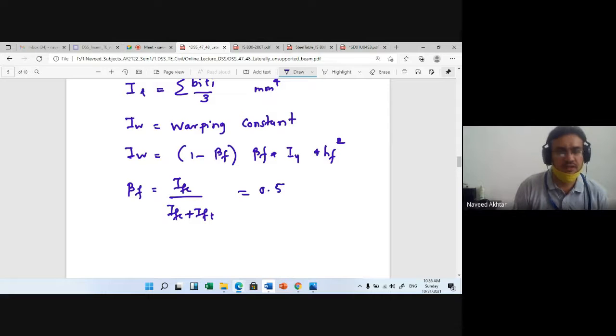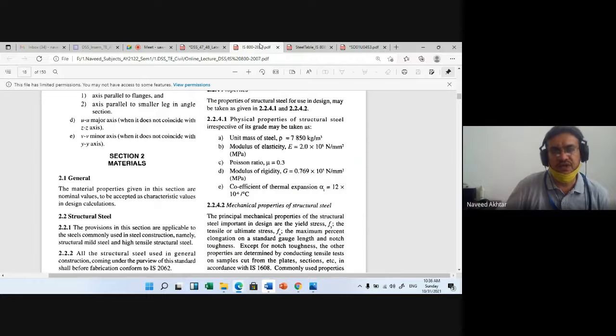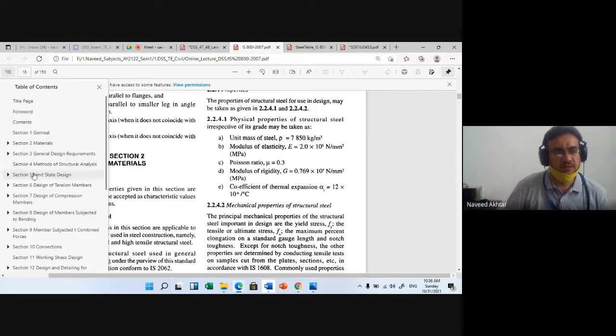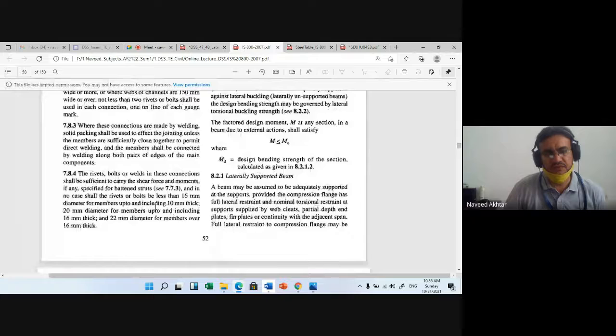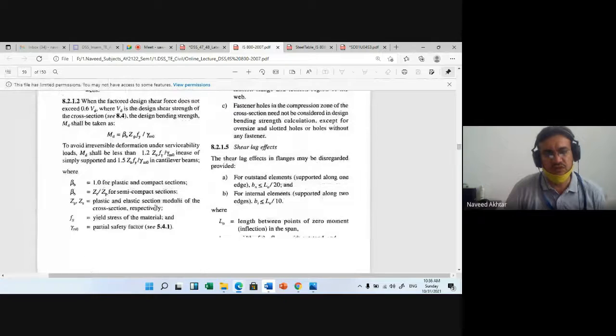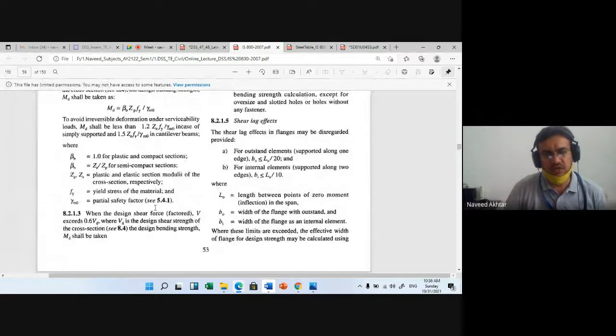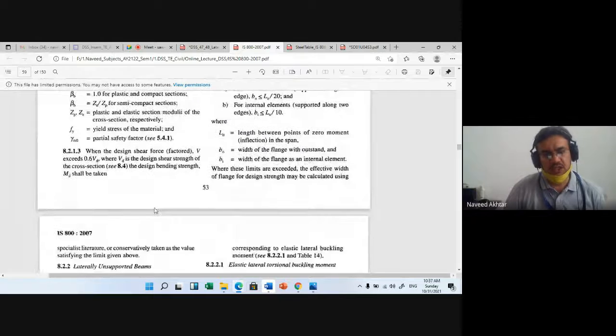You can find this value from the IS code on page number 54, design of compression member subjected to bending. So you come to page number 54, where that formula is given.